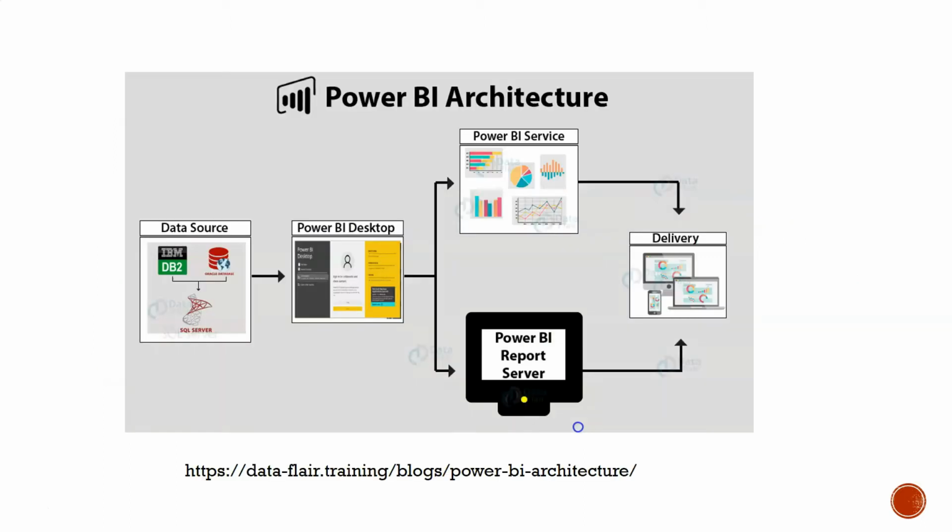So this is the diagram. I copied this diagram from the datafairtraining blog on Power BI architecture. First is data sources. We extract from different data sources: SQL Server, DB2, Oracle database. Then we connect to Power BI Desktop, design our reports and deploy them into Power BI Service, either powerbi.com, or a Power BI report server in our local environment or on premises; both are available.